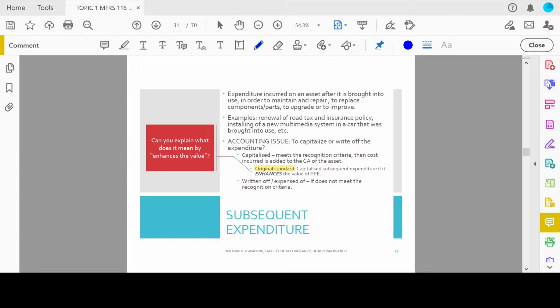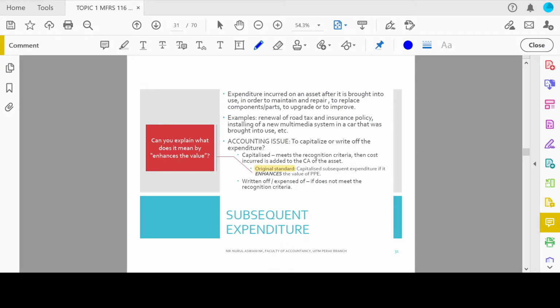The hardest part is to answer whether the subsequent cost that we have incurred could meet the first recognition criteria, which is probable that future economic benefit associated with the asset flows to the entity. For subsequent costs alone, we have to decide.